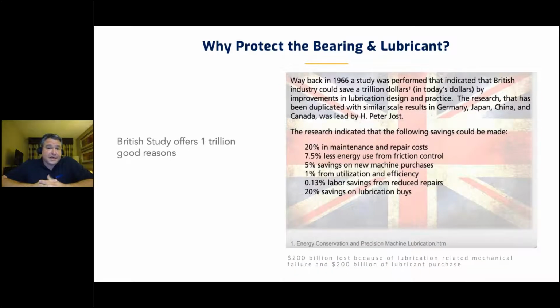So the next slide is another study. This was Great Britain. There were similar studies done by Peter Joyce, Germany, Japan, China, and Canada. This was done back in 1966, and they determined that there was $1 trillion lost in Great Britain due to lubrication issues.